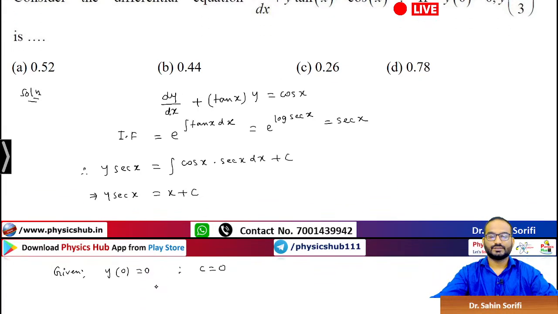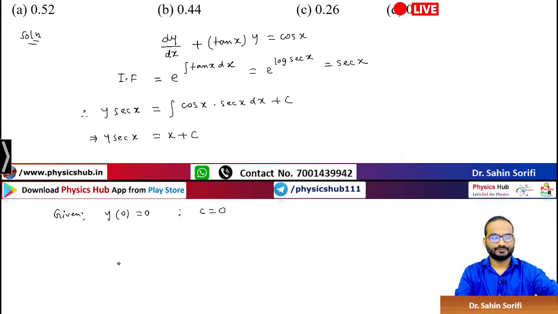So y at x equals pi by 3 you have to find out, and hence y sec x is equal to x. We are not comfortable with sec x, so let's convert it into cos x, y by cos x.